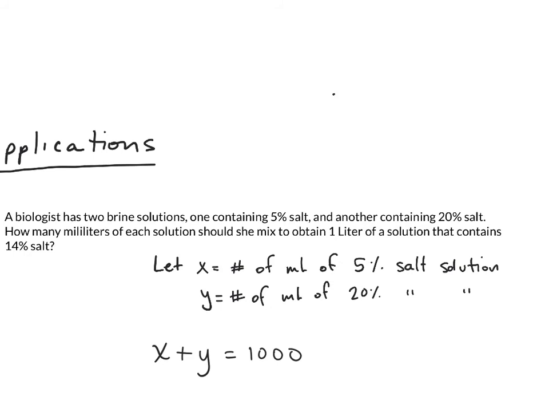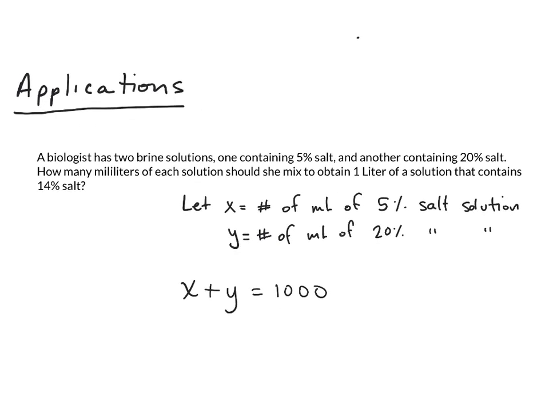Now the next equation can come from this statement that it needs to be 14% salt. So what needs to happen now is my first solution, x, contains 5% salt, and there's x number of milliliters of that. So 0.05 is the 5% salt, and it's 5% of x, which is the number of milliliters.